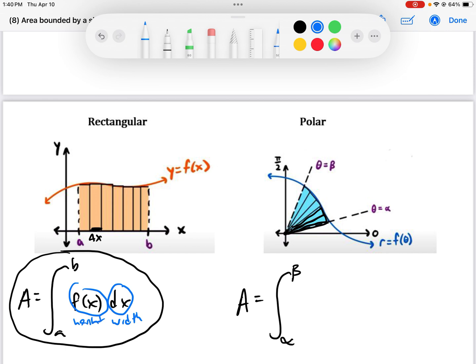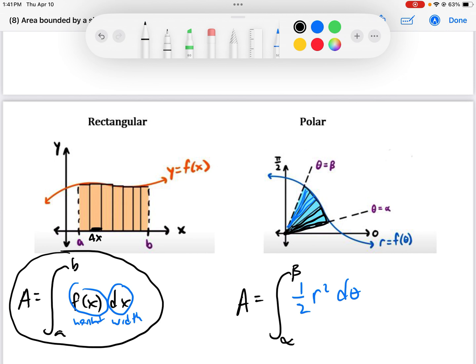Now I need to add up an infinite number of sectors, the area of those sectors, which is 1/2 theta r squared. But we're looking as theta gets infinitely close to 0, trying to find smaller and smaller sectors, and as that happens, that becomes my d theta. Similarly, as the width was approaching 0, the angles are approaching 0, so I'm going to add an infinite number of them.